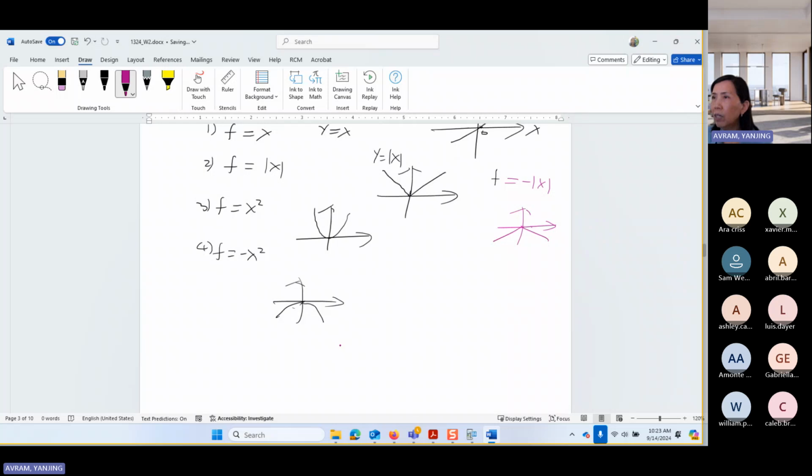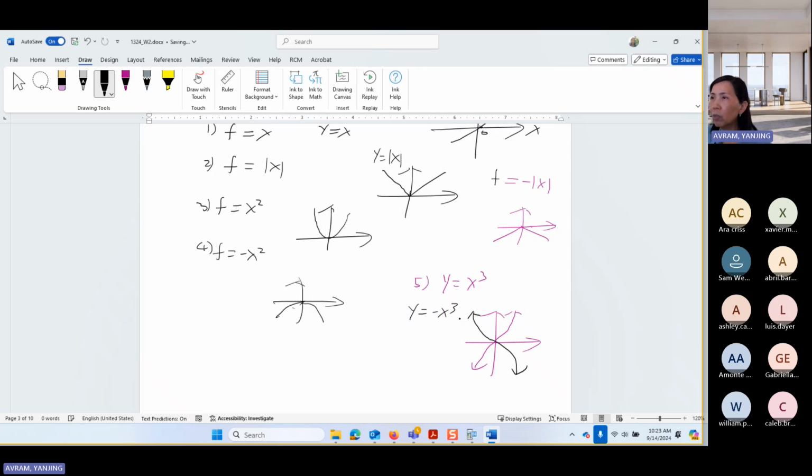Number 5, if I have y equal to x cubed, how does that look? Well, the positive one will be in quadrants 1 and 3. So that will be a curve, in 1 and 3. If I have y equal to negative x cubed, this will be in 2 and 4.